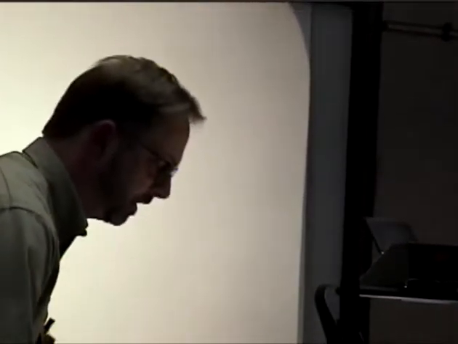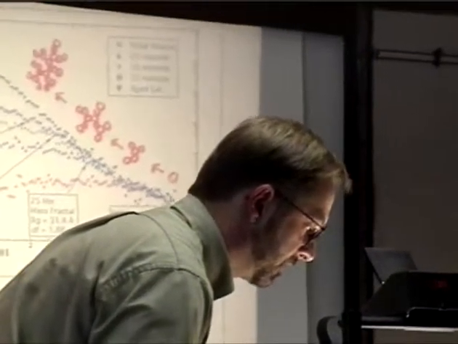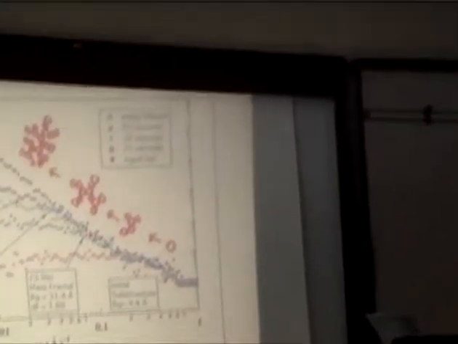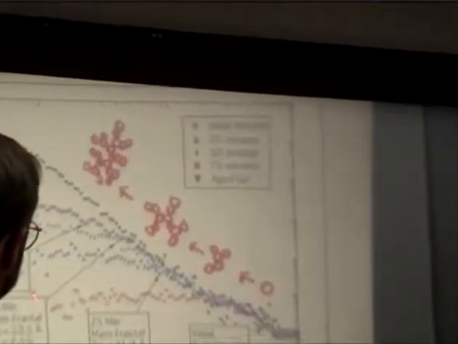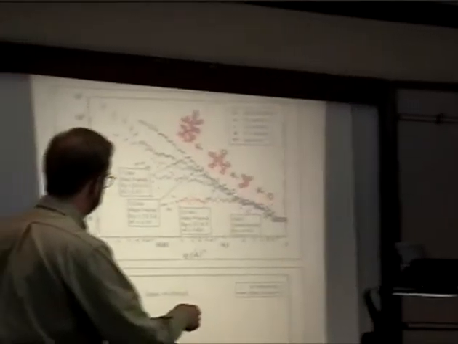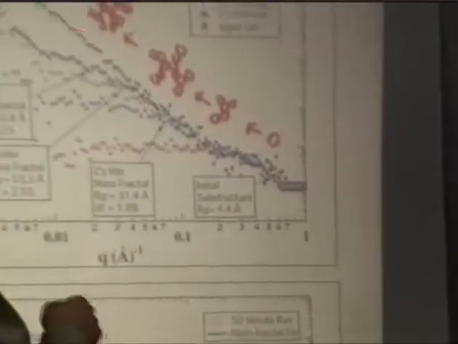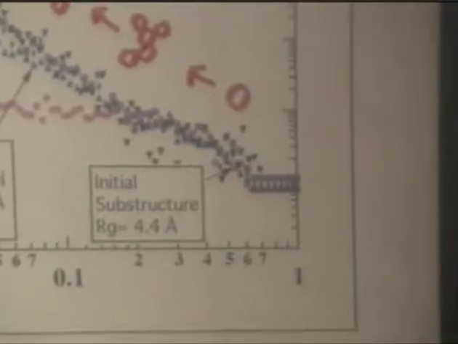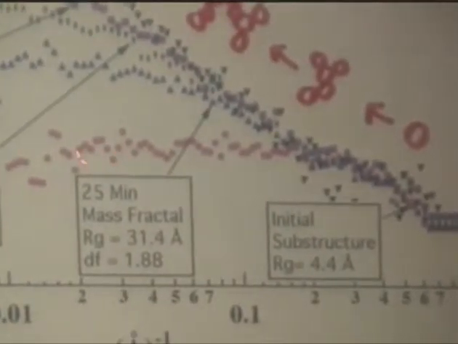So in solution routes, using scattering, you can watch the growth of these mass fractal aggregates. Okay, so we start with a primary particle, something like a polyoxosilicate structure for silica, and you can watch these things grow with time. To watch this in solution, you more or less have to get good statistics in the scattering data from a lab source. And we have ways to fit these curves to get statistical analysis of the numbers and particle sizes and that kind of business.